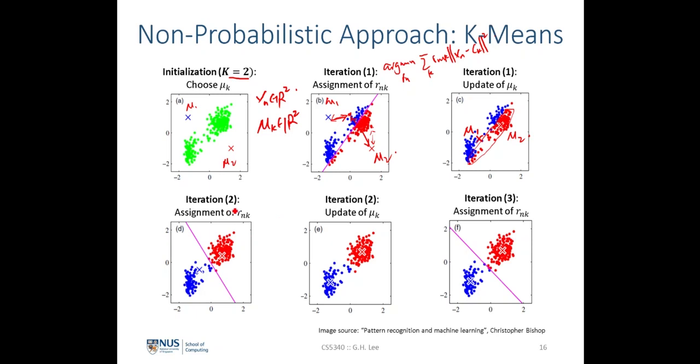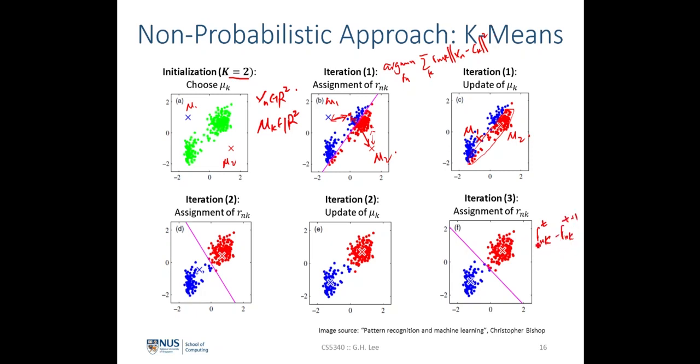Then we repeat this iteration until it converges. We will know that it converges when there is no change of r_nk from the previous iteration. So if I look at r_nk at time step t, comparing it to r_nk at t plus 1, there's not much difference.